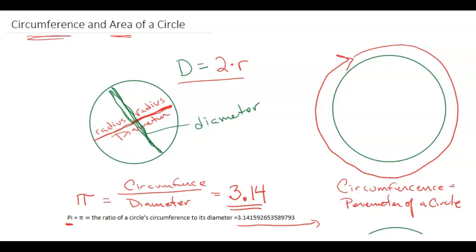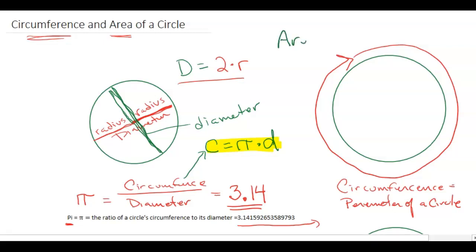The formulas that we're going to use are the formula for circumference, which turns out to be pi times the diameter. So the circumference of a circle is always pi times the diameter. The other formula that we're going to need is the formula for area.